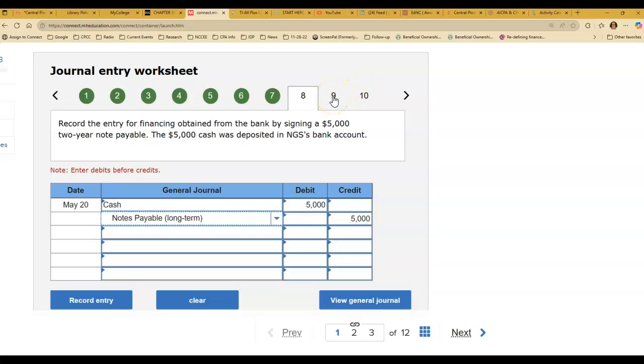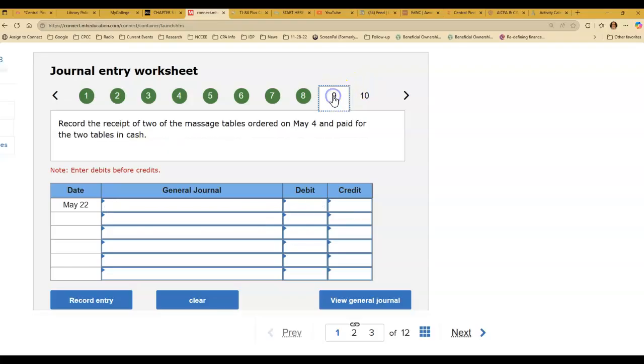How are we doing there? Okay. All right, number 9. Record the receipt of 2 of the massage tables ordered on May 4th and paid for the 2 tables in cash.